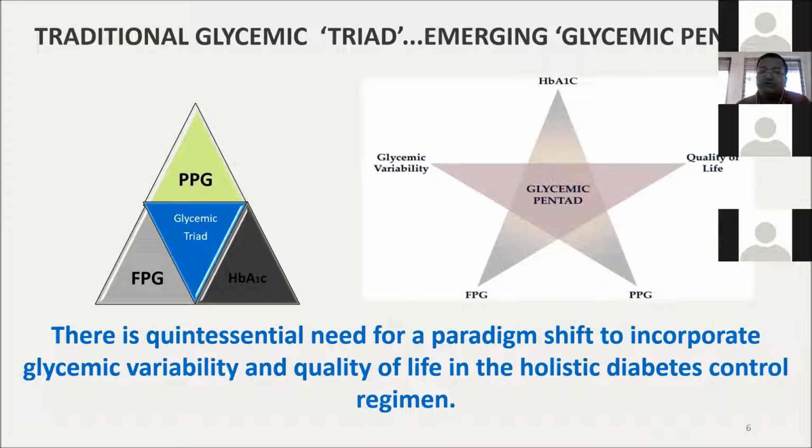So the concept has shifted not only from the triad to the pentad, but also considering all the parameters for a holistic glycemic control, considering the individual as a whole and not just parts.